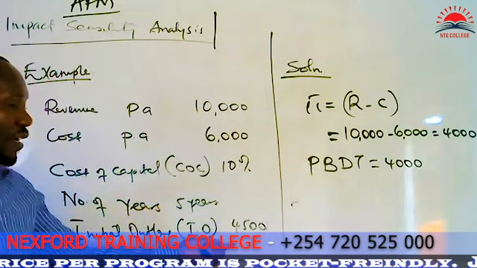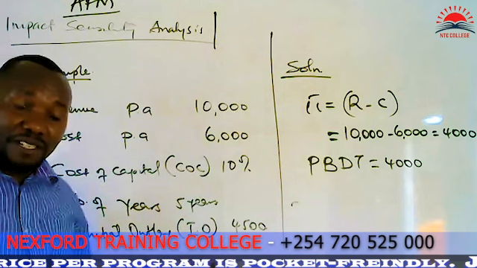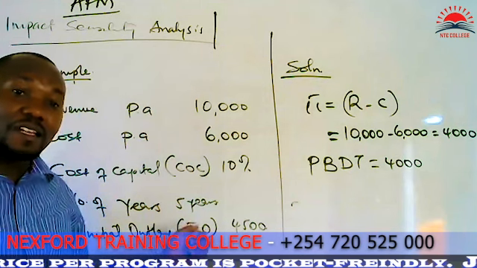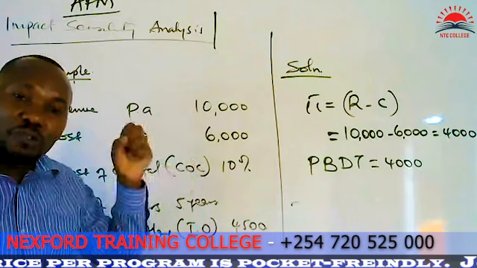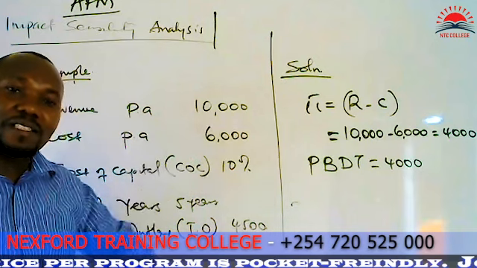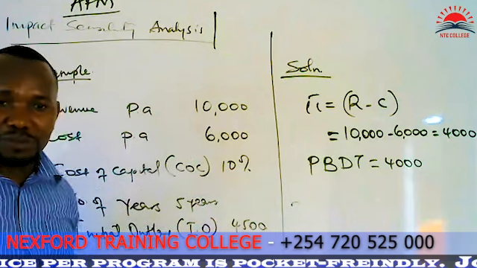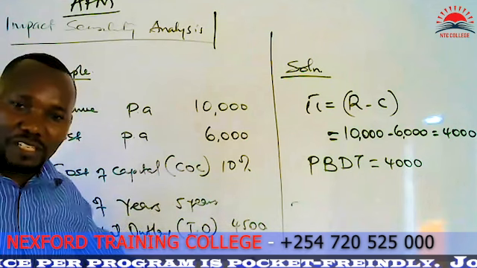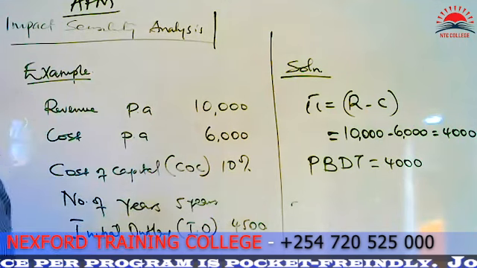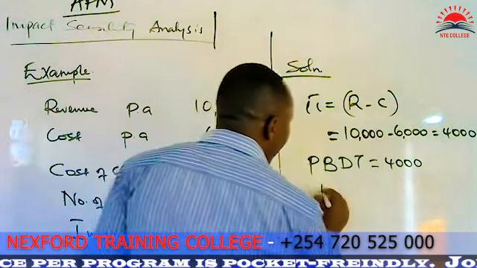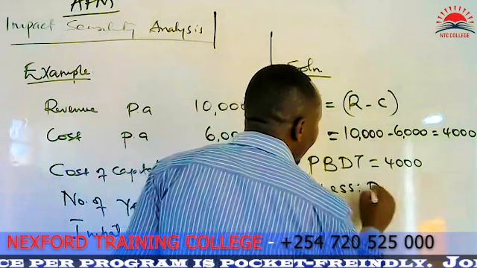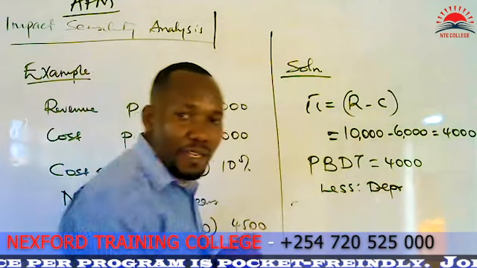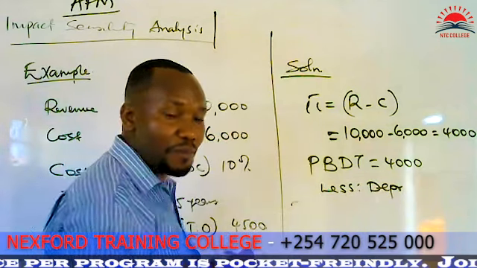The machine can live for 5 years without any residual value, meaning that at the end of 5 years, it is zero residue. You cannot resell it. So it will be totally depreciated. Therefore, you now come from here and say less depreciation. I want you to write this somewhere for future reference, it will help you.